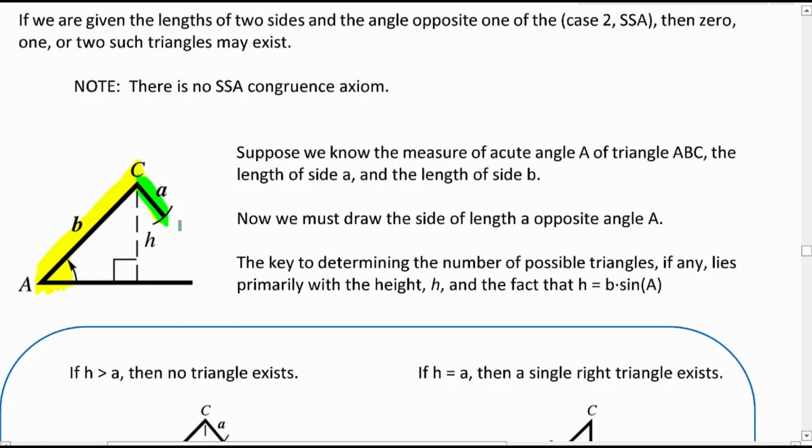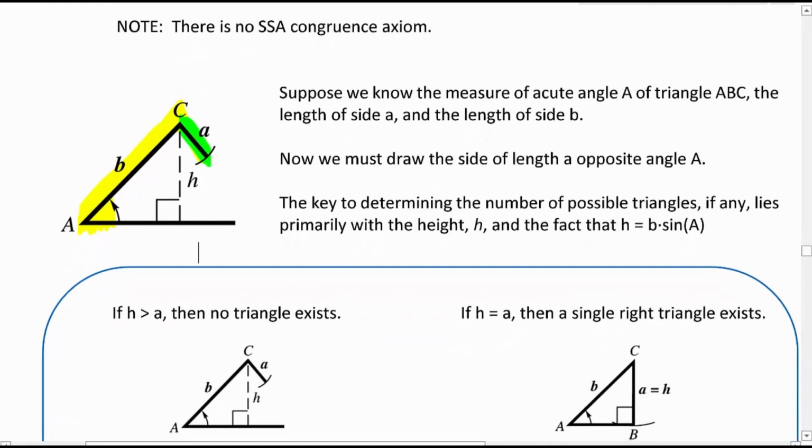The key to determining the number of possible triangles, 0, 1, or 2, lies primarily with the height of our triangle. See, check this out. The shortest possible distance from our angle C down to this third side is a straight line. We know that's the shortest distance between any 2 points.